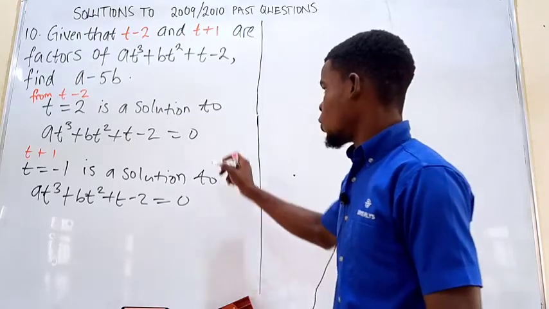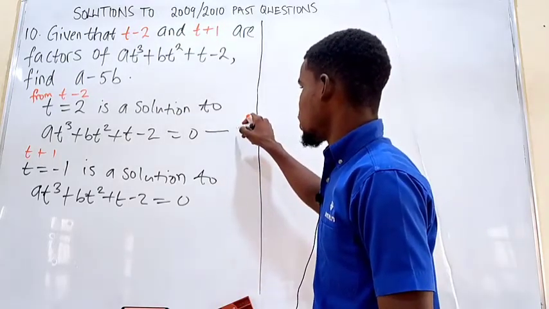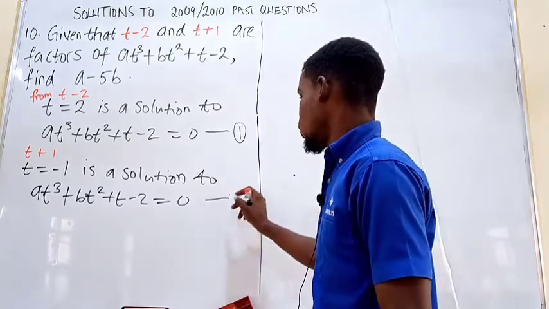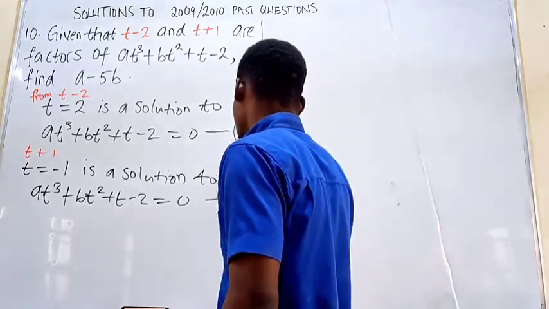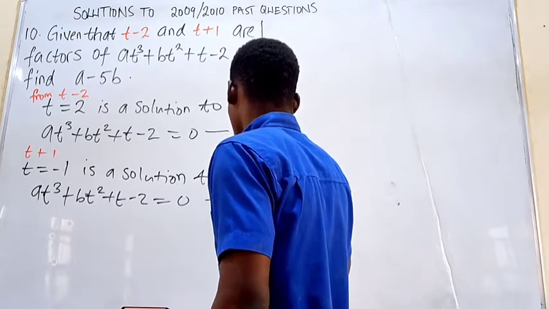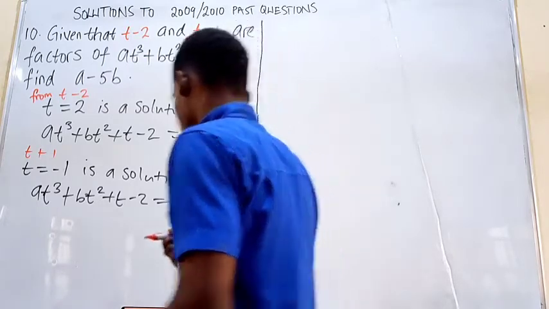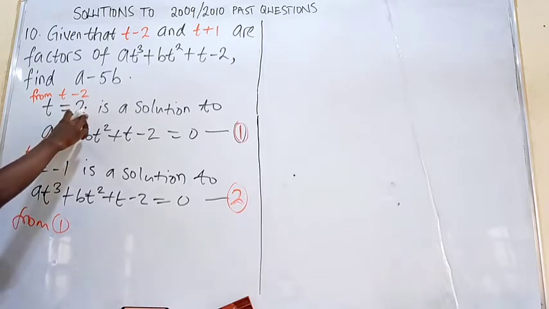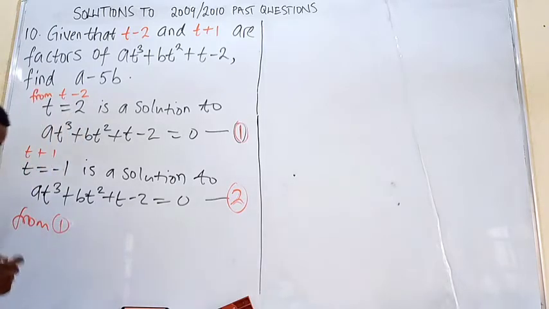Okay, so let me make this equation 1 so that I will know how to refer to it. This is equation 2, and this is equation 1. Let's go ahead and solve that. From equation 1, I'll be talking about t equal to 2, so I'll just plug in 2 for t.